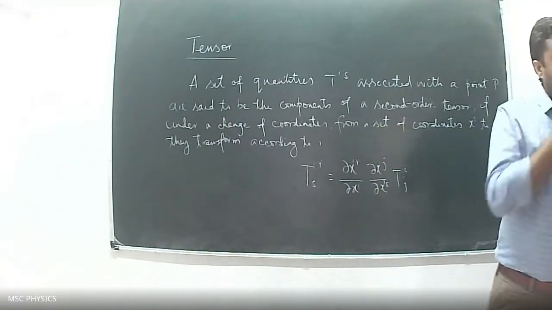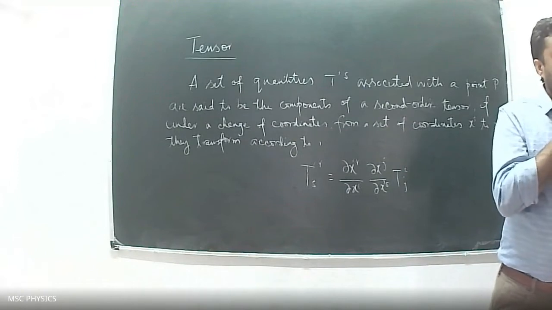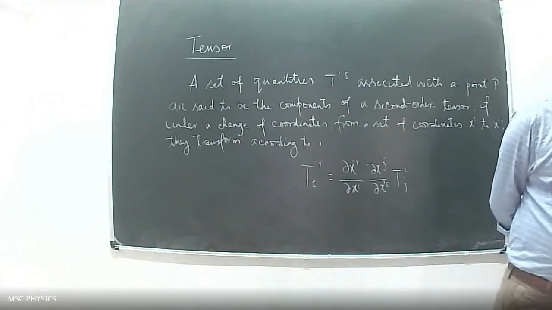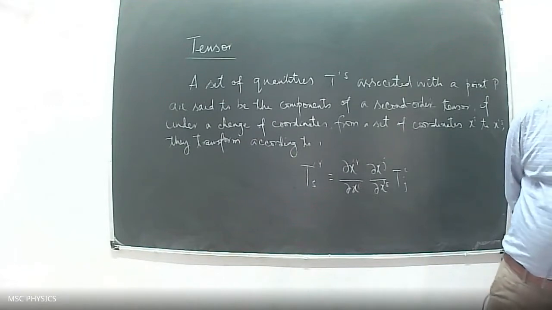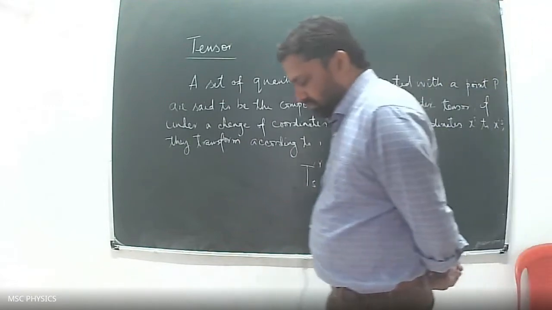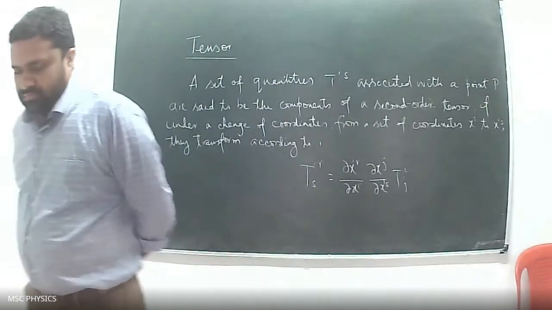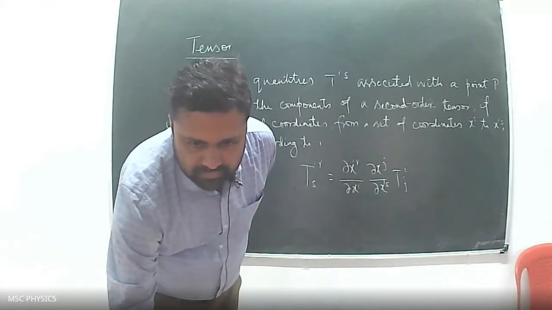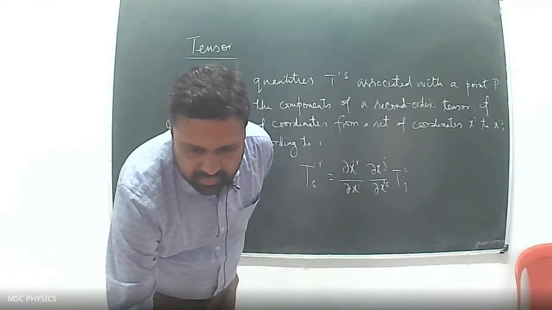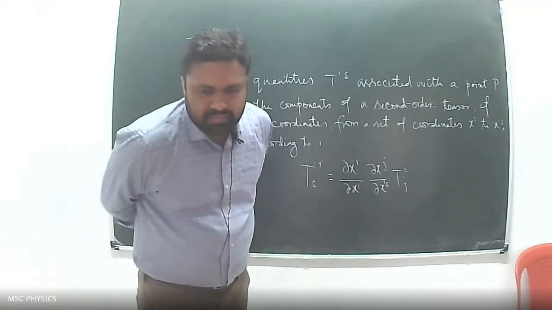Is this clear? Does it make sense? Kishan? Is Kishan there? No, Kishan is not there. Paras?